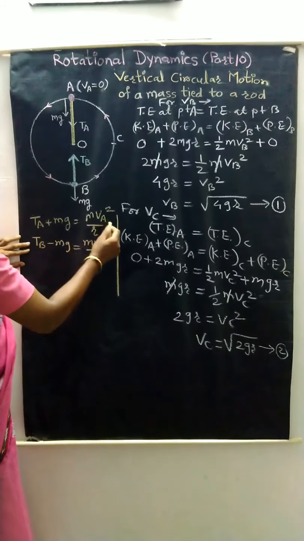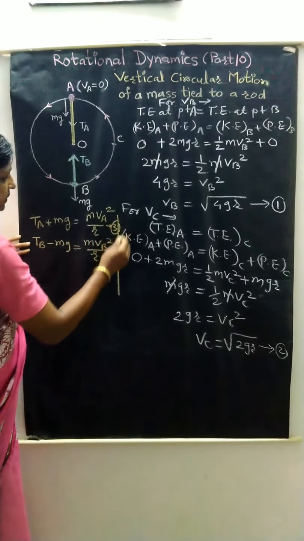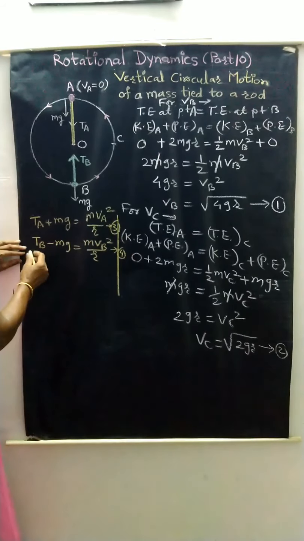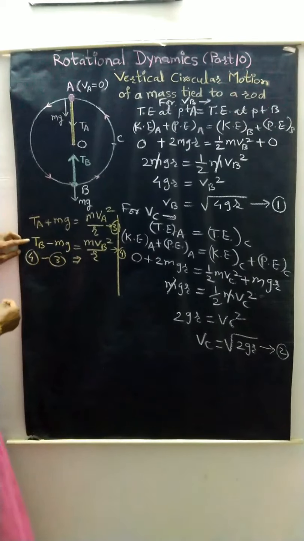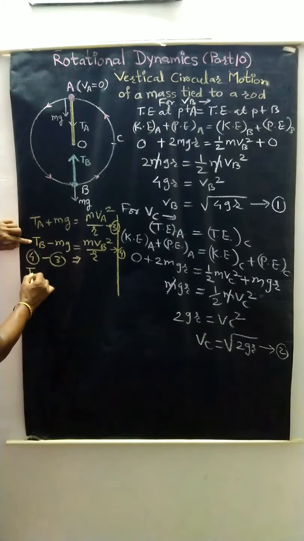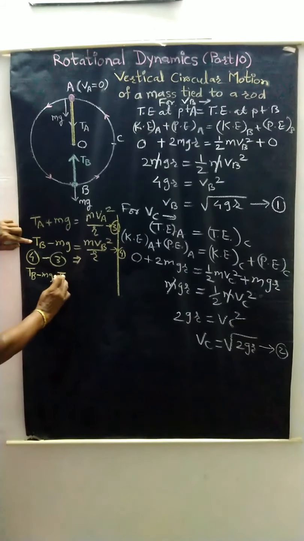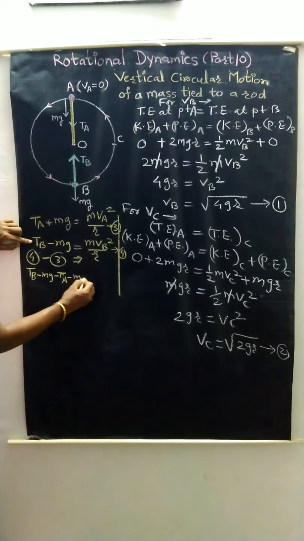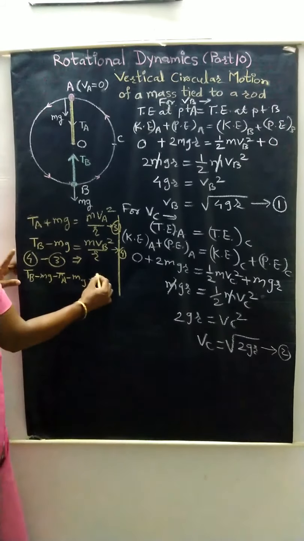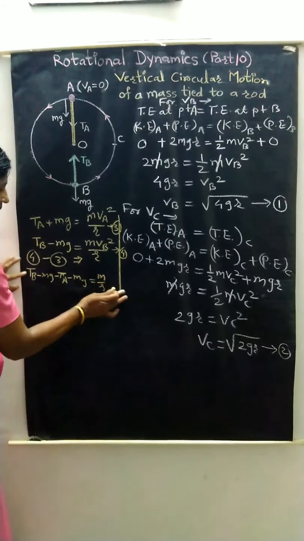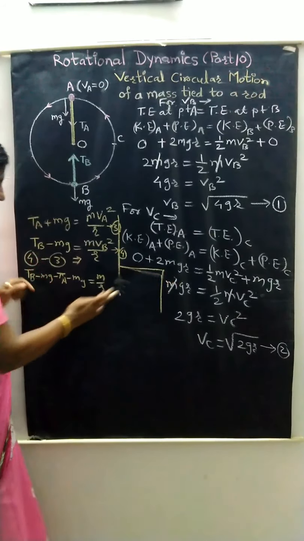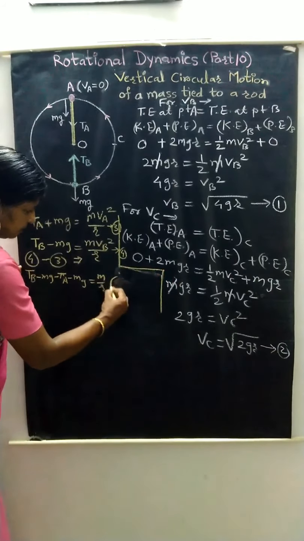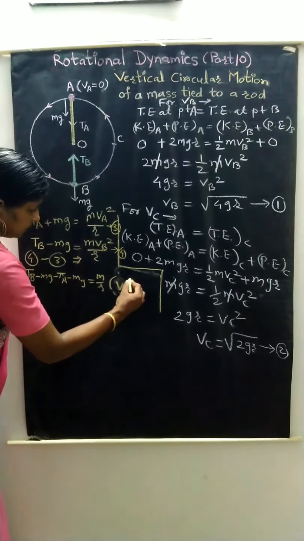If we mark this as equation number 3 and this as equation number 4, then 4 minus 3 gives us Tb minus mg minus Ta minus mg is equal to m by r in bracket Vb square minus Va square.